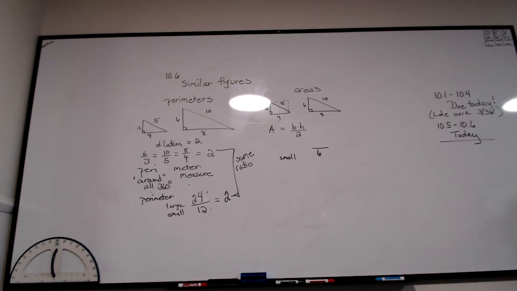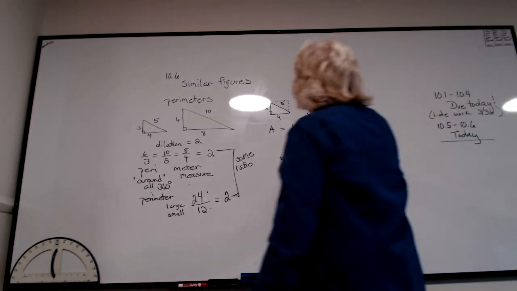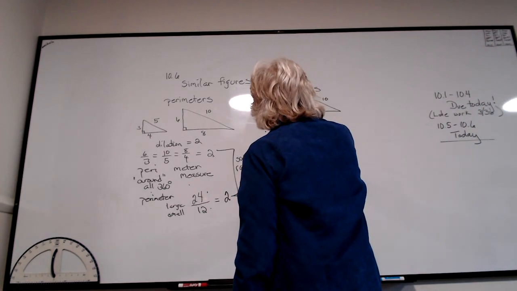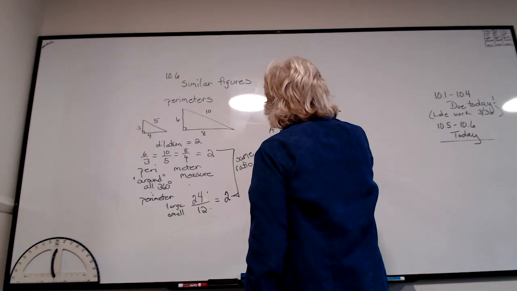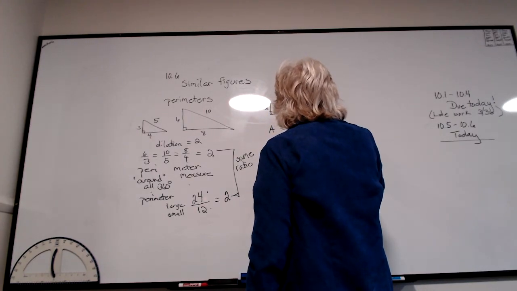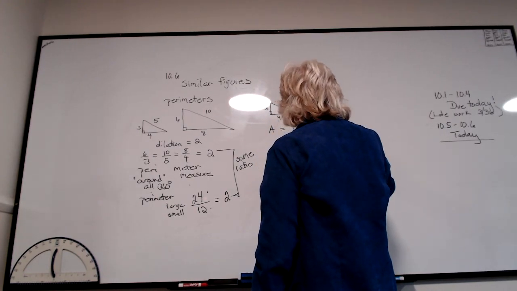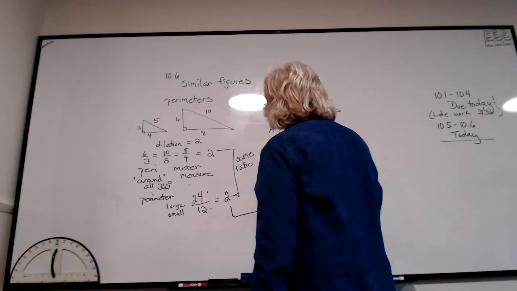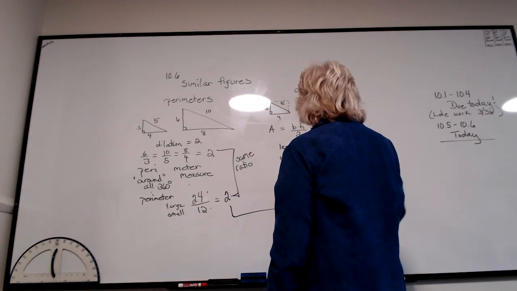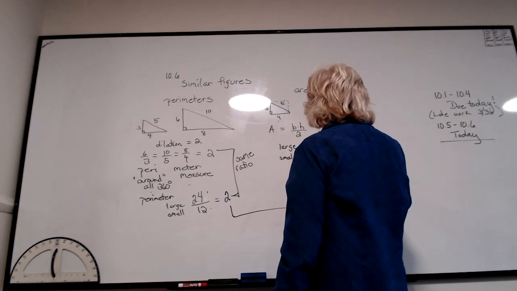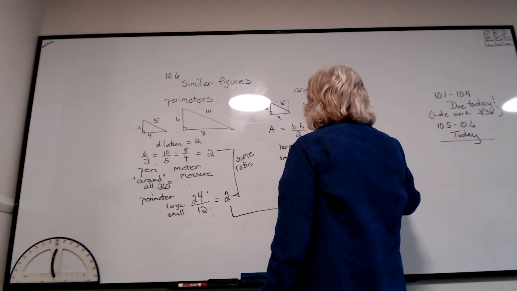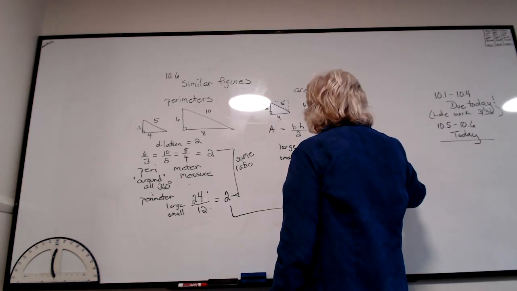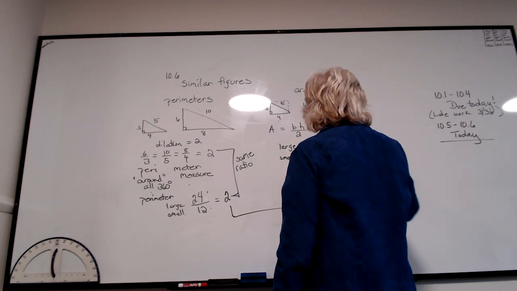That was weird, my math was somewhere else. So the large area is 24, which if I reduce that down is 4. How is it related to the first ratio? Our first ratio is 2. How is 4, the area, related to that?